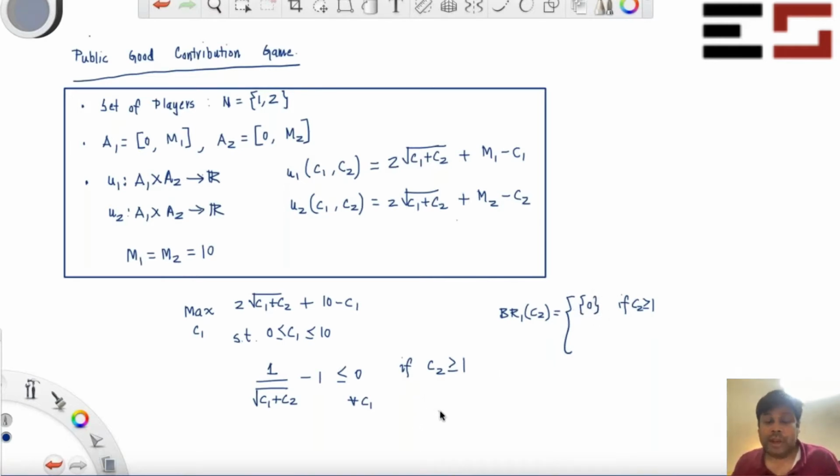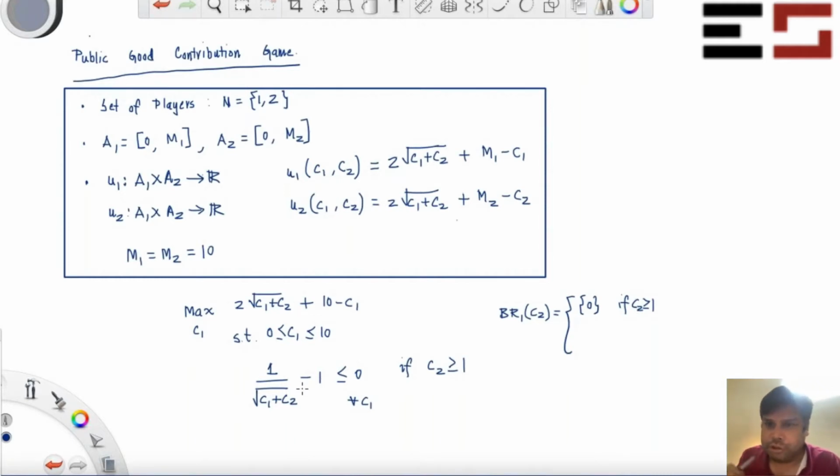Now the other possibility is C2 is less than 1. That's the second case. C2 can be either more than 1 or less than 1. So if C2 is less than 1, what are you going to do? Notice that when C1 is 0, this whole term is positive.